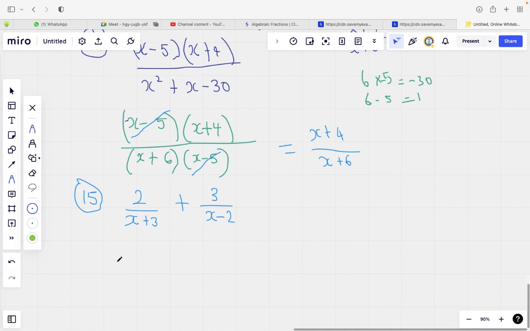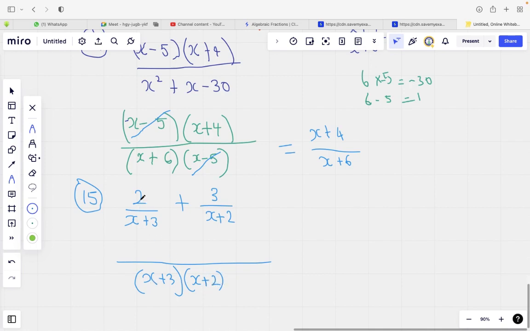Yeah. Okay, so as usual, we find the LCM by saying x plus 3 in one bracket and x minus 2 in another bracket. Wait, it's x plus 2, not x minus 2. Oh, it's x plus 2. Okay, so we write x plus 3 in one bracket and x plus 2 in another bracket.